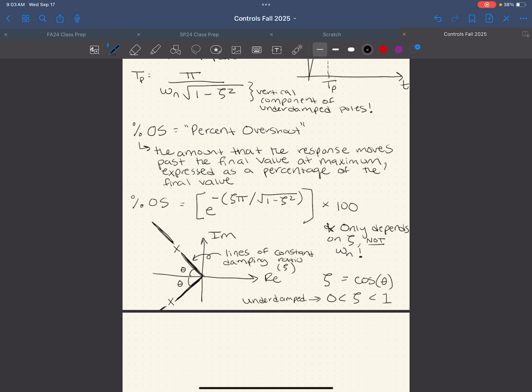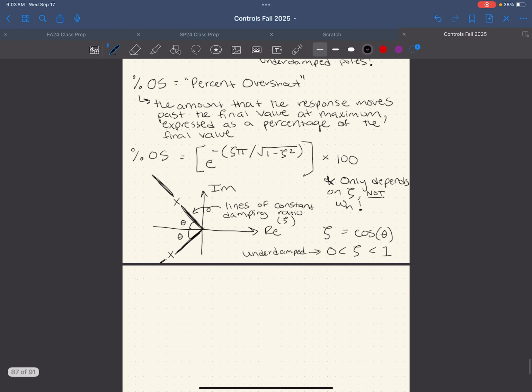Okay, we've got two more time specifications. Next we'll do settling time, which has this exact same definition in words as we did for the first order systems.